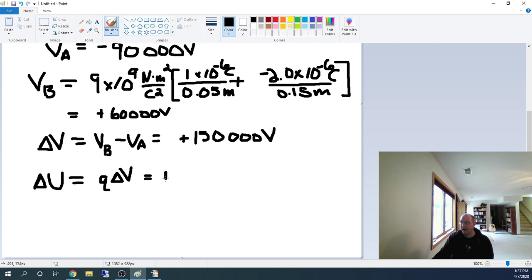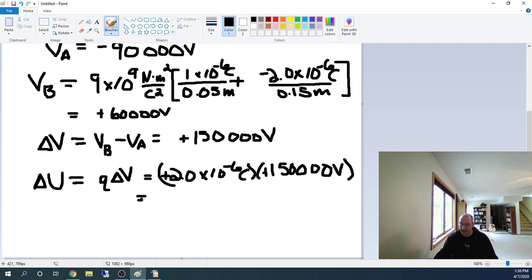So I'm going to say, well, this is positive 2 times 10 to the minus 6 coulombs times the change in voltage, positive 150,000 volts. Okay, plugging that into my handy dandy calculator here. That's 2 times 10 to the minus 6 times 150,000, and I get 0.30.